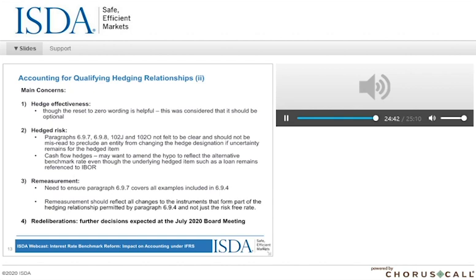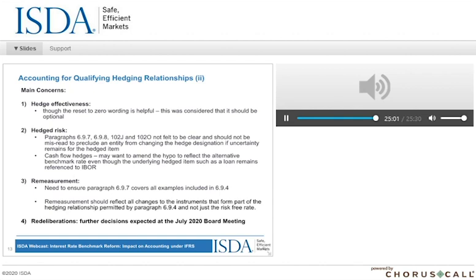Hence, assuming the hedging relationship is permitted to continue when IBOR-related changes are made, it would seem sensible to allow entities the option to treat the effectiveness testing as a continuation as well, and hence include historical retrospective effectiveness testing results.